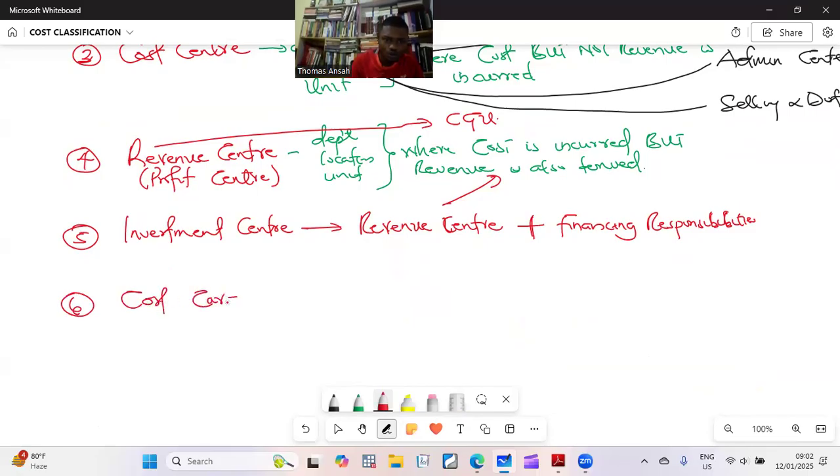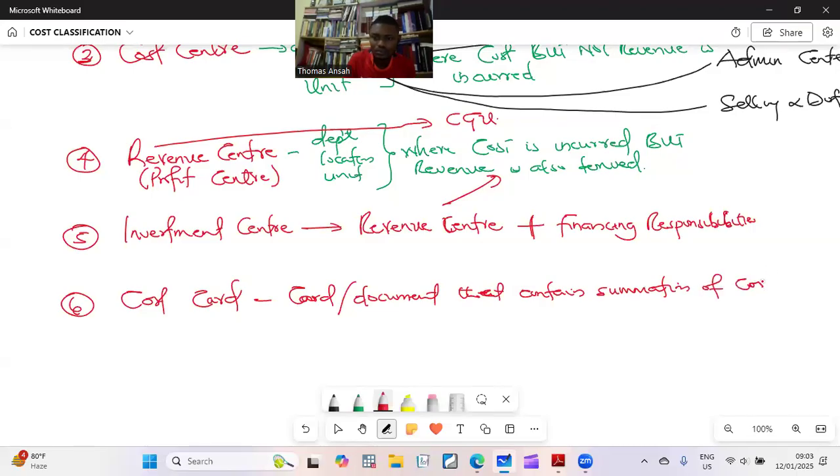It gives our total cost, the summation of all costs. This is a card or a document that contains the summation of all costs.